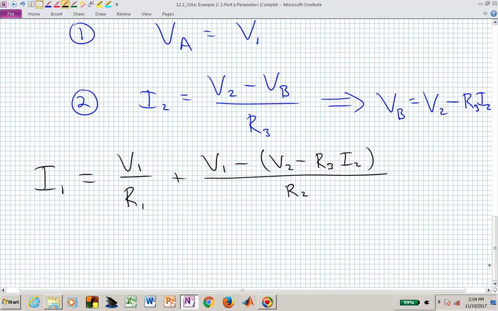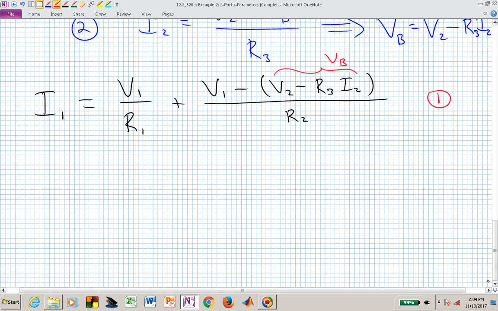And now we have one equation in terms of I1, V1, V2, and I2. We've simply used this to get rid of V sub B. So here's one of our equations that we can use to try to identify V equal to Z times I.